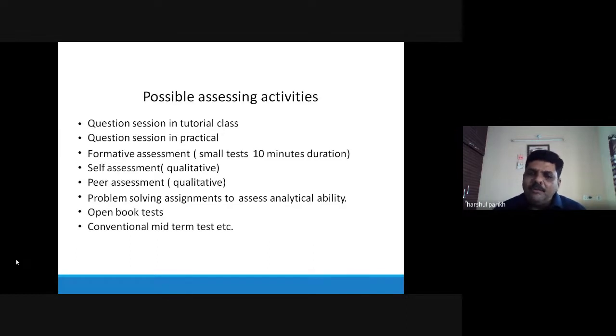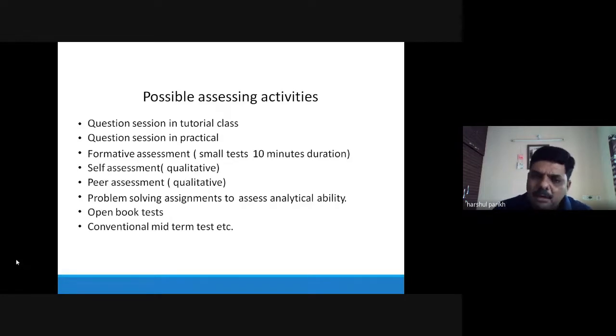As I told you, evaluation and assessment are also important activities. Question sessions in tutorial classes, question sessions in practicals, formative assessment, self-assessment, problem solving, open book test, conventional midterm test.